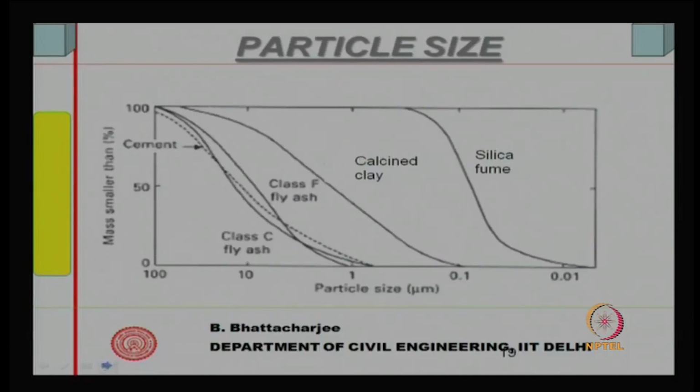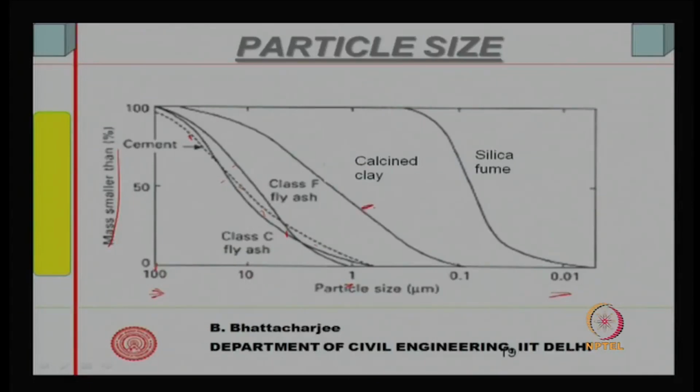If we look at the particle size distribution, the mass smaller than this size, 100 micron, and this is 0.01 micron. C fly ash is here, as I said, C fly ash has got lime, and class F fly ash will not have lime. So, they have sizes very close to ordinary Portland cement, varying from 100 to 1 micron, right, 100% passes 100 micron, and so is the case of cement.